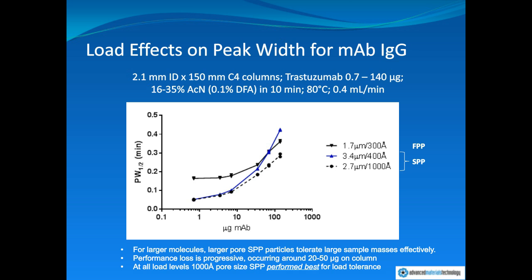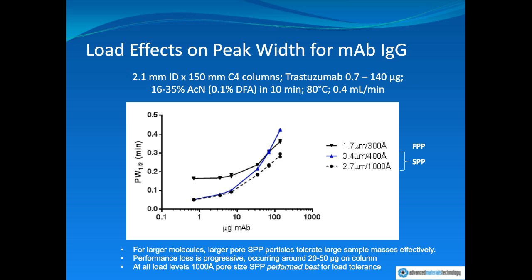And again, this is not unique to this particular monoclonal antibody. We see it with all of the monoclonal antibodies we've looked at. At any load level, the 1,000 angstrom pore size material outperforms, in terms of peak width, the smaller pore, higher surface area, small diameter fully porous particle.